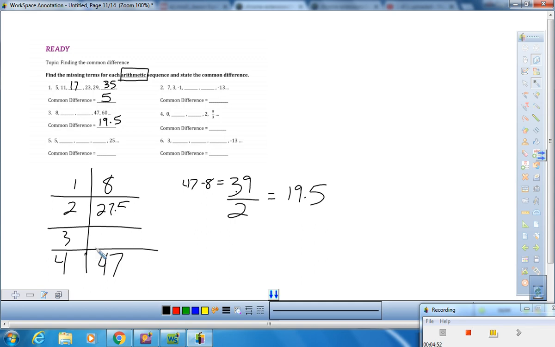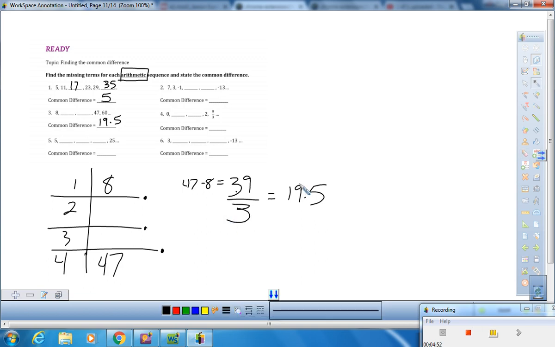Hold on. Ooh, I need to divide it by 3 here. Okay, so notice that I made a mistake there, which is a totally normal part of this math. I did some bad math. I didn't divide by the number of spaces that we were adding. I divided by the number of spaces that were blank. I actually need to divide this by 3.